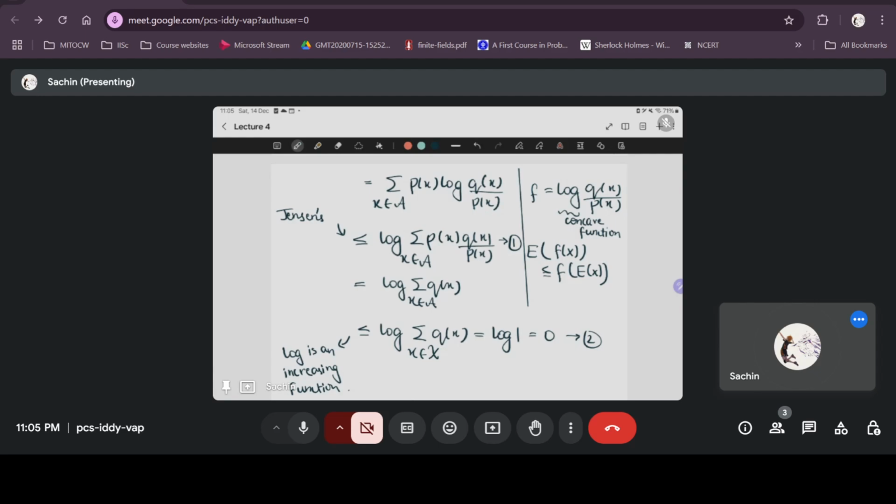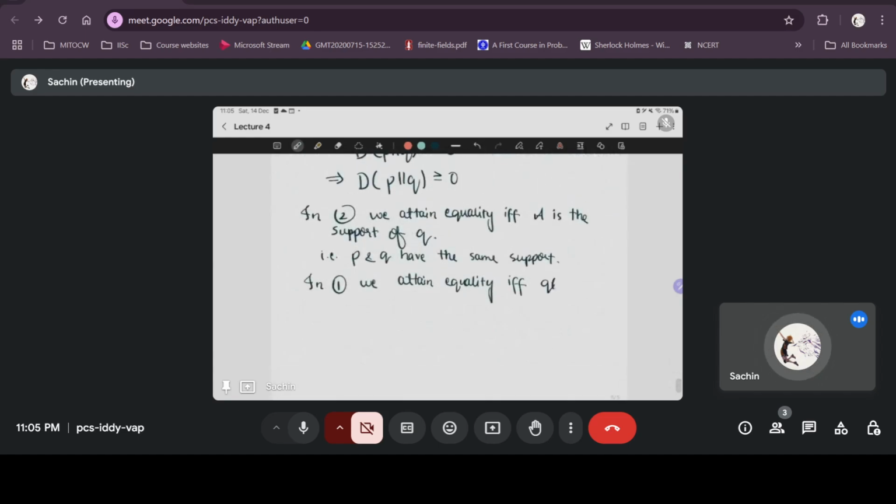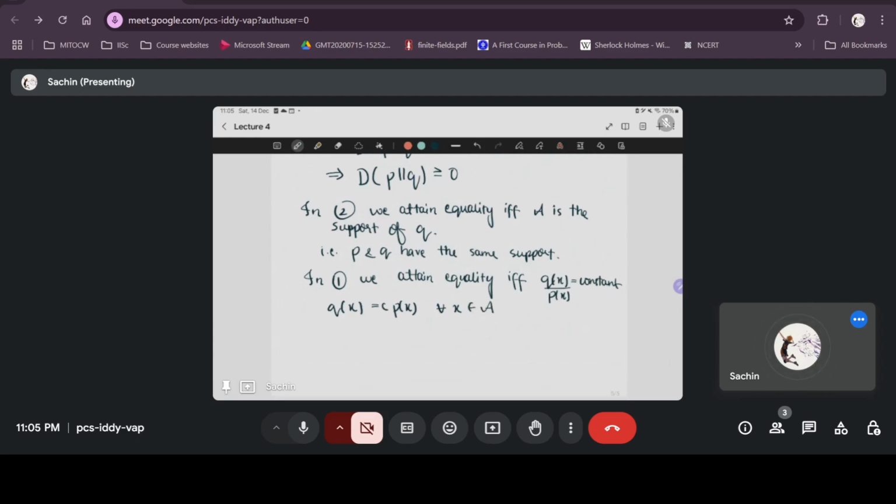So to get equality in this place, we need q(x) over p(x) to be equal to a constant. So q(x) is c p(x) for all x in A.